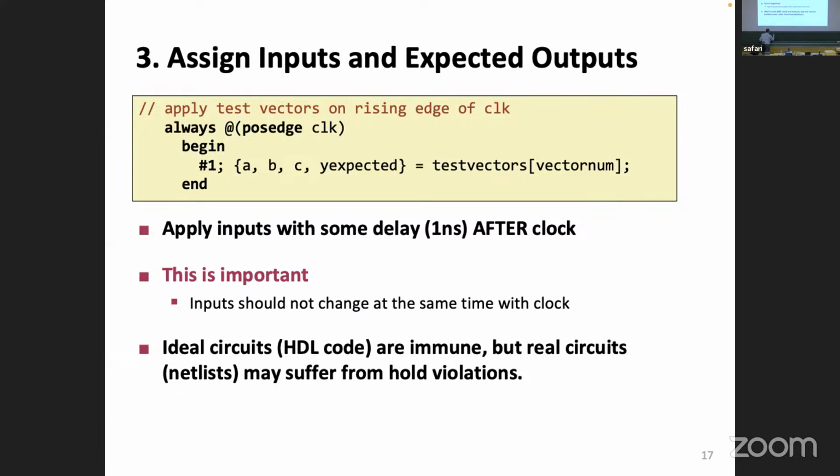A, B, C, Y expected. Generates a vector of 4 bits, 1, 2, 3, 4, and it composes them. You should remember this from the time when we were looking at the combinational circuits. We could combine multiple single bit values together like this. And now I assign everything to test vectors.